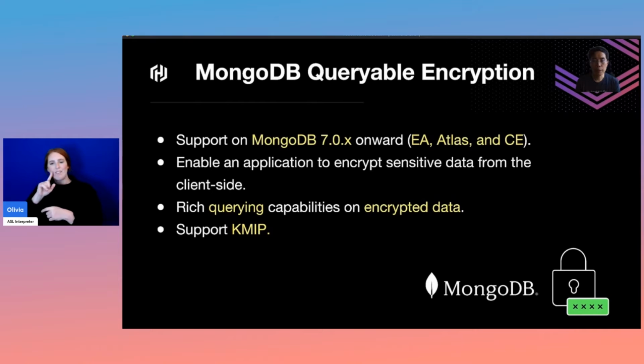Normally we use a master key integrated from Microsoft Azure, AWS, or GCP. MongoDB queryable encryption also supports the KMIP protocol, which HCP Vault can do.